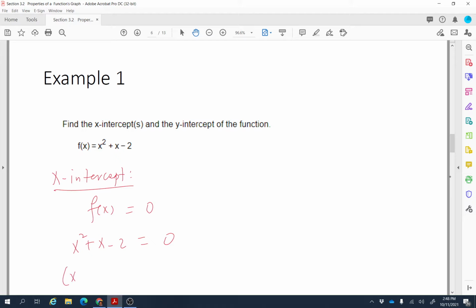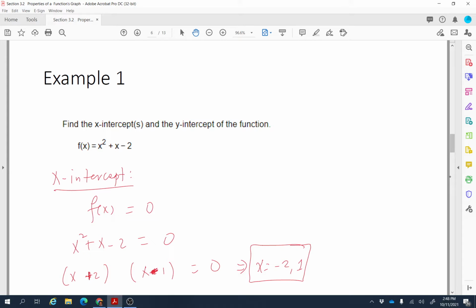I'm going to use the factoring method here. The two factors of -2 are +2 and -1, because +2 and -1 gives you +1. If we solve these two factors, it will give us two different options, -2 and +1. So these are the two x-intercepts for this function.